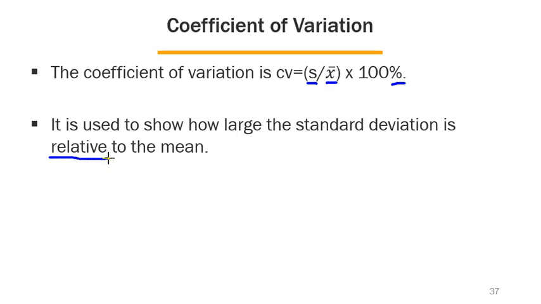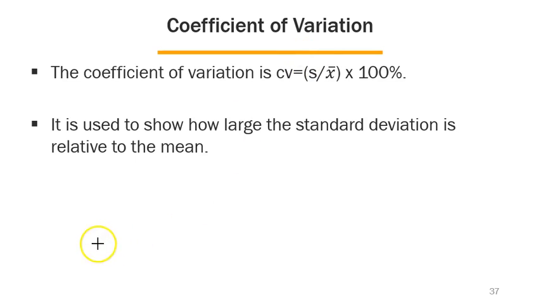So we might think about two different variables that are measured very differently, and one might have a seemingly large standard deviation, and another a seemingly small standard deviation. But we're looking at them relative to the mean, so fleshing out that element.